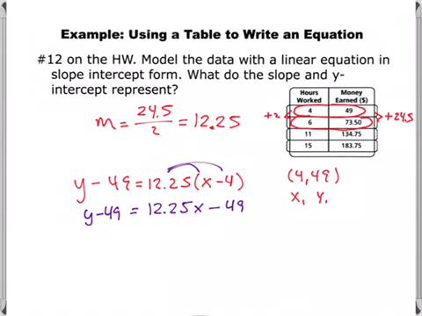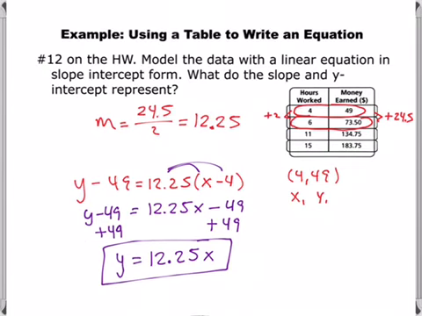So we've got 12.25x minus 49 equals y minus 49. And then the last step would be to add 49 to both sides. And so when we do this, we end up with just y equals 12.25x. And there is no y-intercept, or the y-intercept just becomes 0.